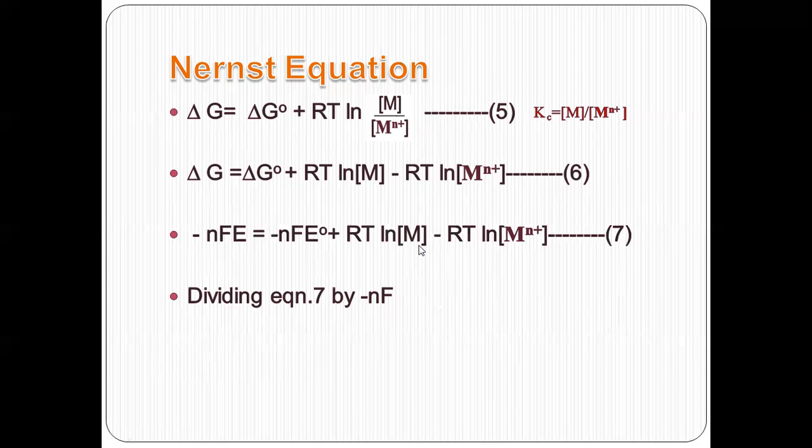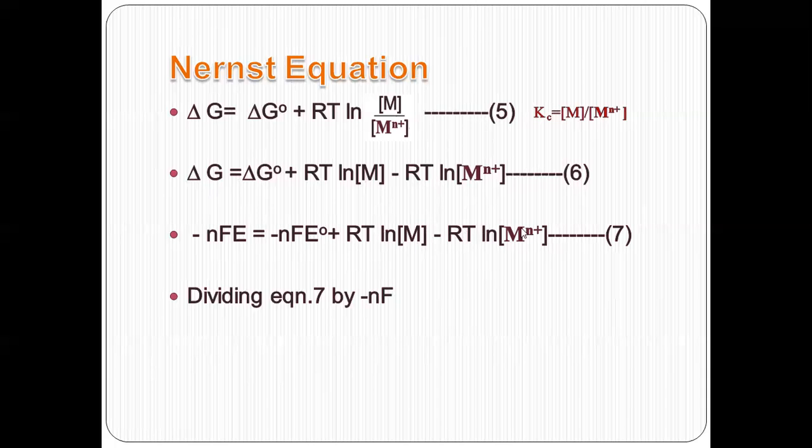Now we move to the next step, substitution of the delta G and delta G naught values. Delta G is minus nFE, and delta G naught under standard conditions is minus nFE naught. The remaining terms, RT ln M and so on, we keep as they are.